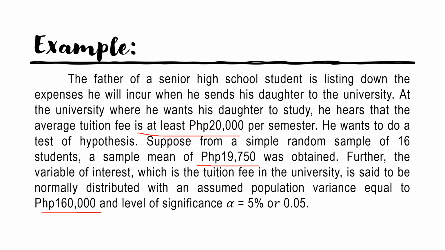Now, there is a given level of significance here, which is your alpha, 5%. If we convert this 5% to decimals, we simply divide 5% by 100. That's why it's 0.05.